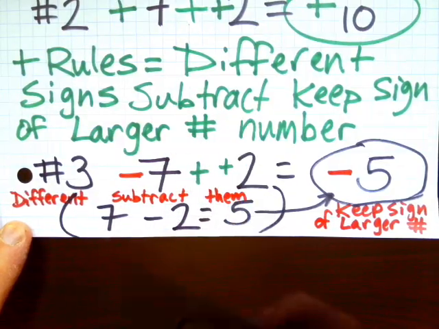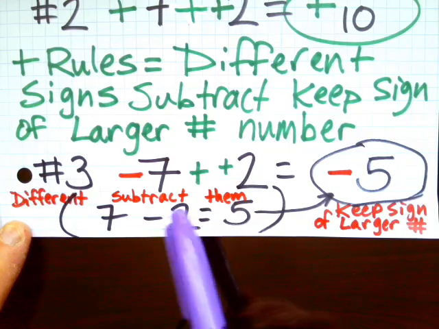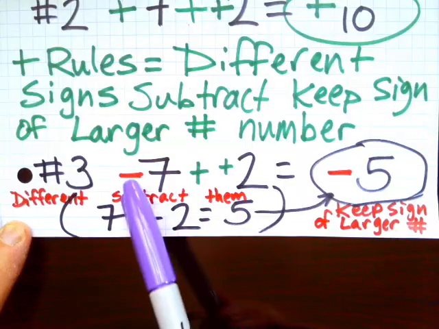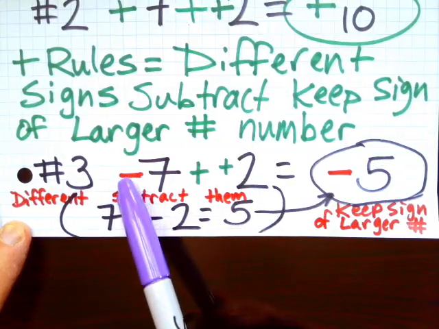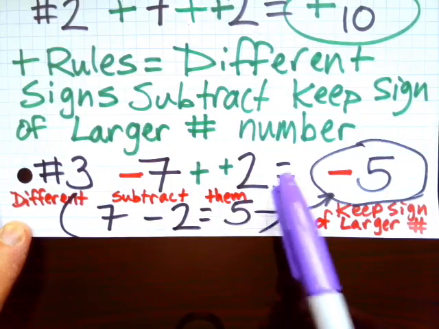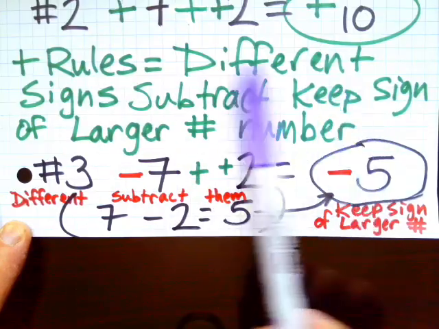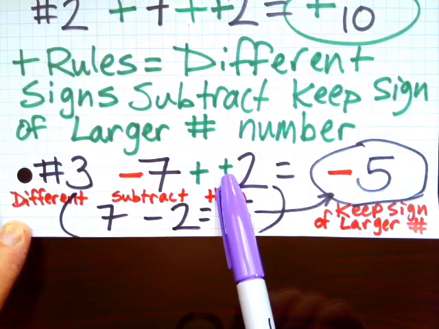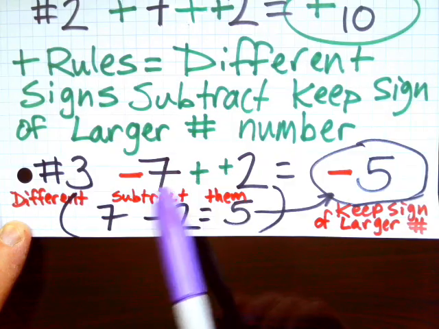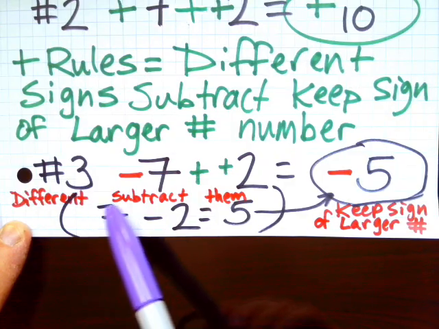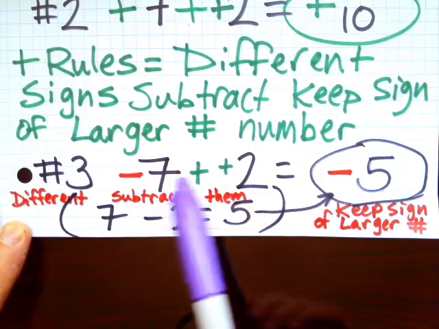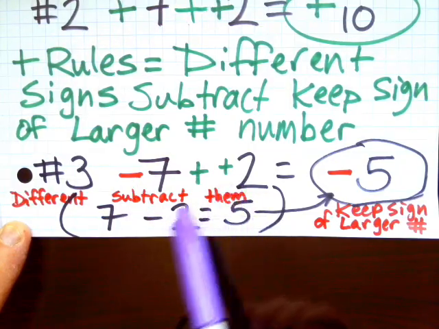This is the second part of the adding rules. So -7 plus a +2. Are these two signs the same? No, they're different. One's negative and one's positive. So this is when you're going to want to follow this rule. When you're adding and the signs are different, you subtract them and keep the sign of the larger number.